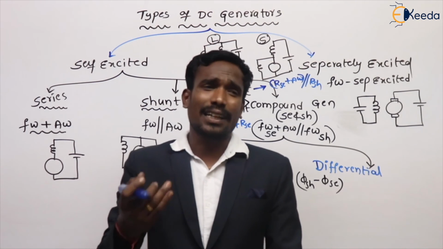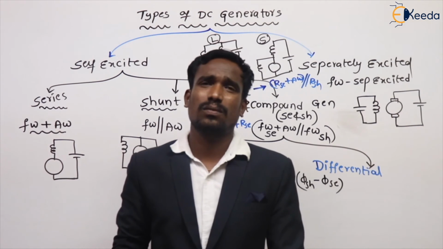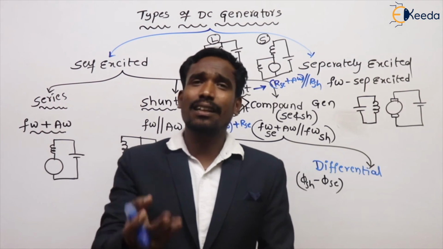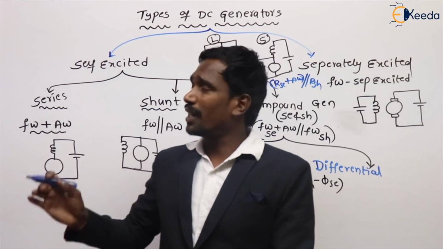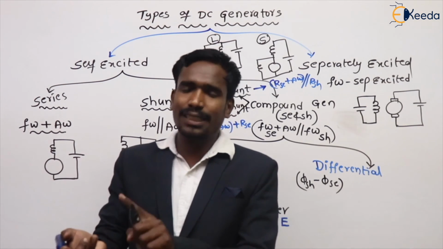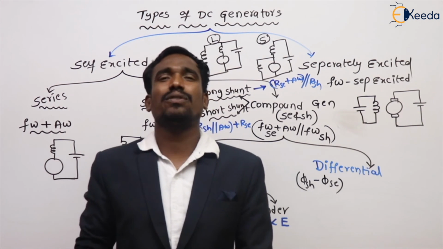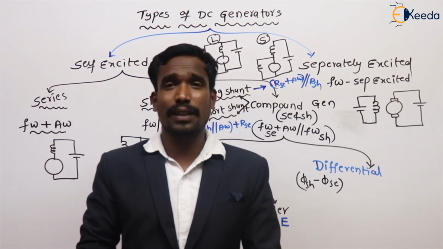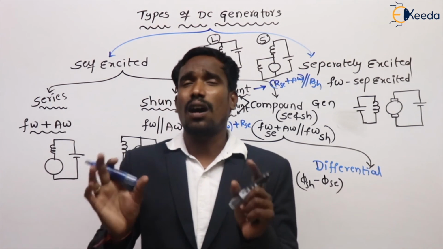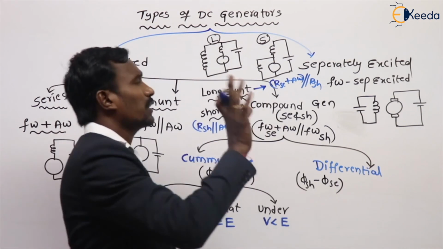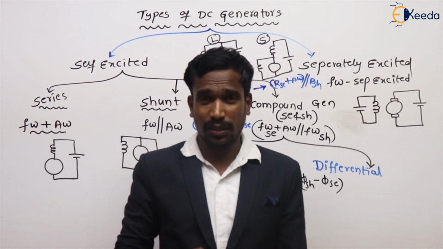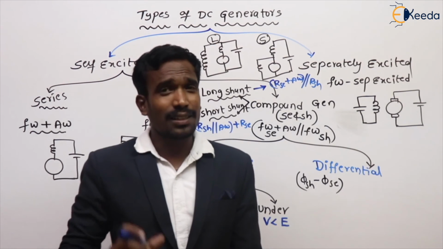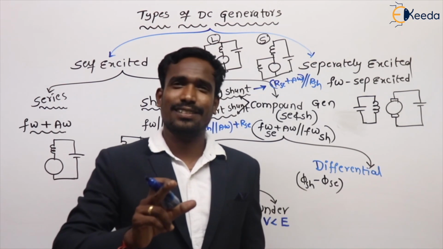Like the OCC characteristics we saw up to now, and internal characteristics and external characteristics. We have to draw the graph, diagram, mathematics, graph. Then any relations with speed. We have to see all of those for each and every generator. They may ask you questions on this. Right? Are you ready? Let's see each and every generator.